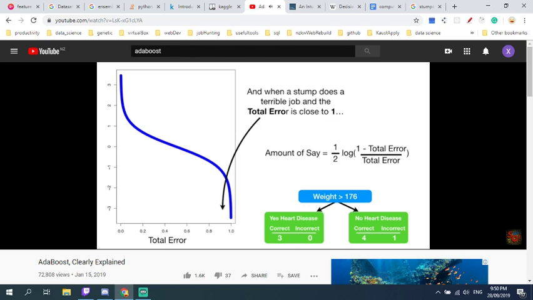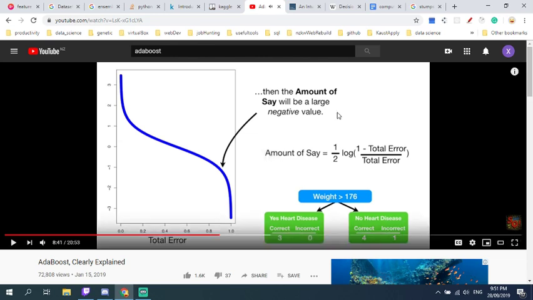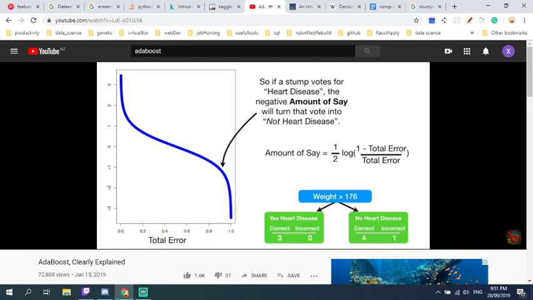And when a stump does a terrible job and the total error is close to 1, in other words, if the stump consistently gives you the opposite classification, then the amount of say will be a large negative value. So if a stump votes for heart disease, the negative amount of say will turn that vote into not heart disease.